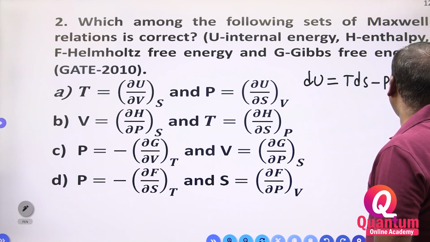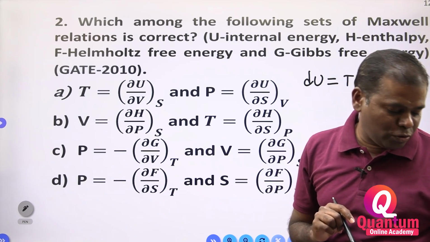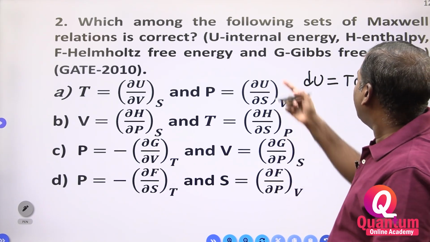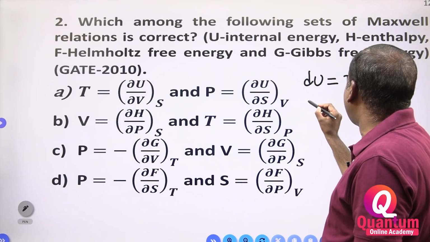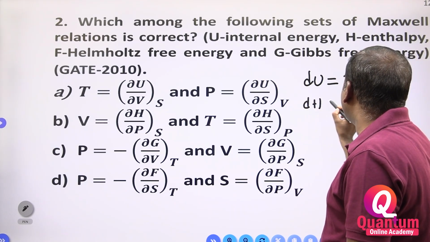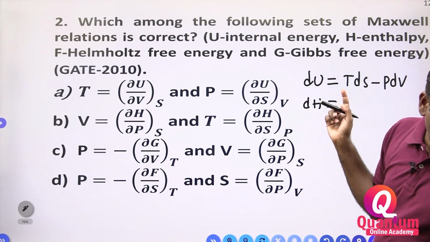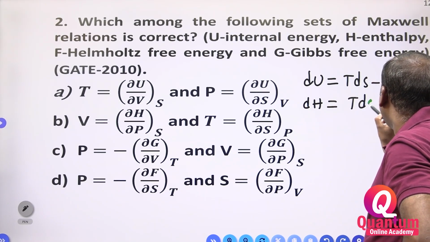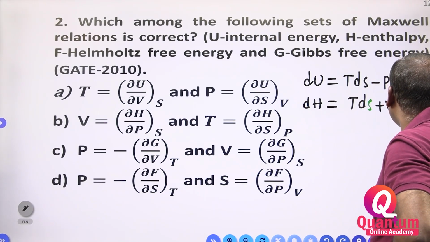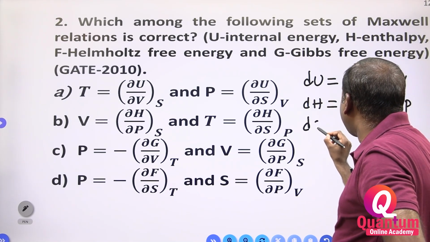Next, enthalpy: dH is equal to TdS plus VdP.